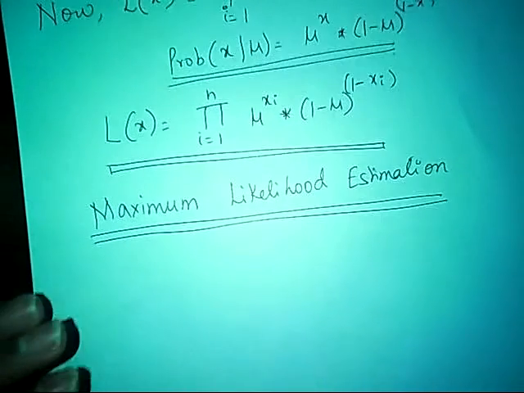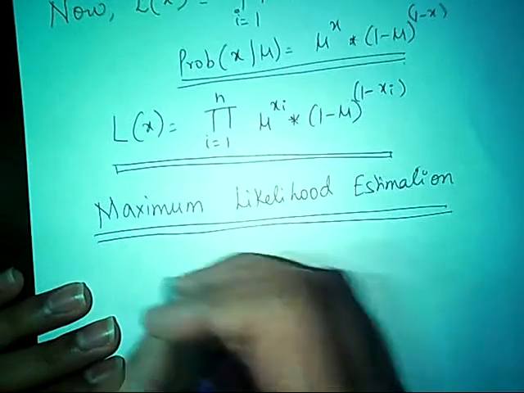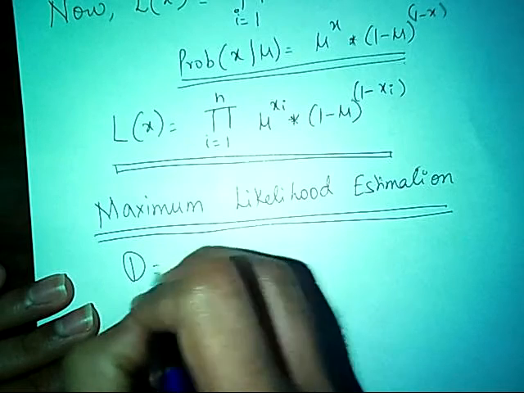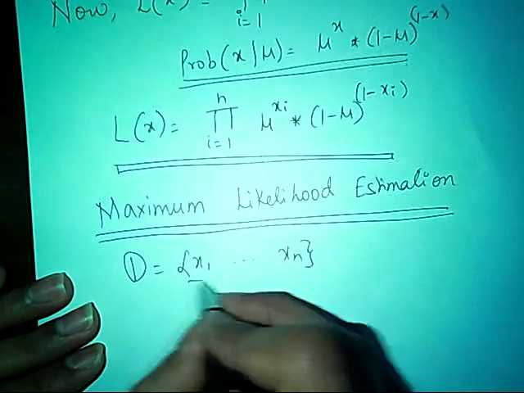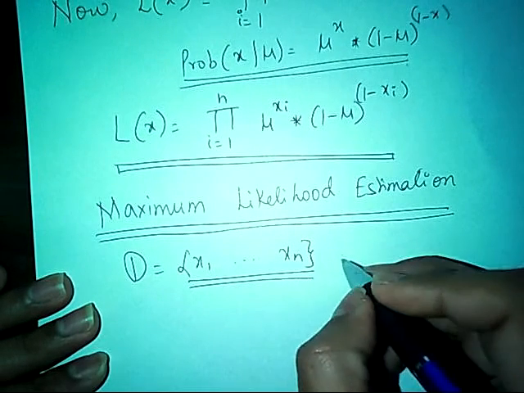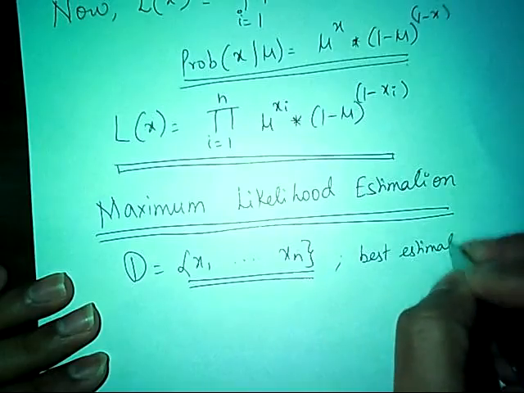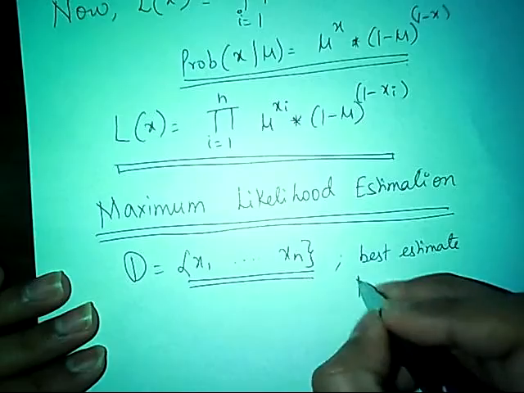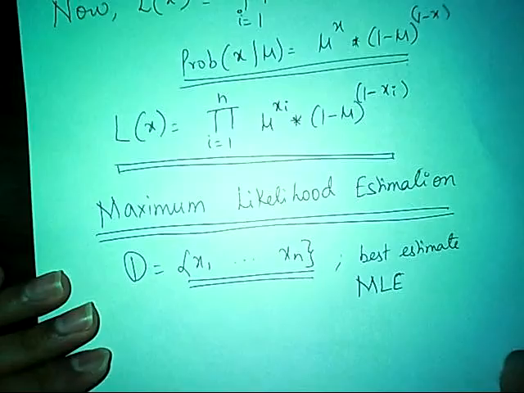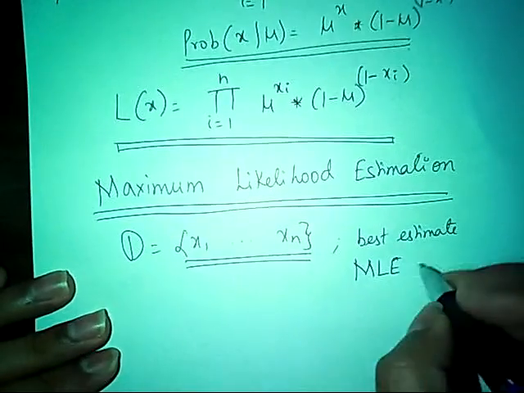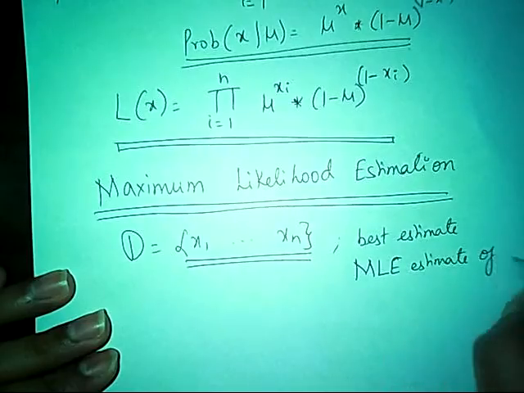The way we are going to use maximum likelihood estimation is that we have already obtained the results D, and using D we are going to get the best estimate, which as of now is going to be called the MLE estimate for us, because this is the method that we know the best now. Estimate of mu.